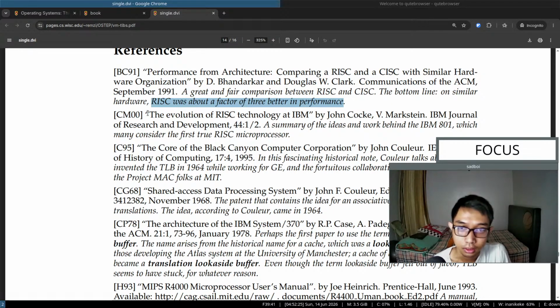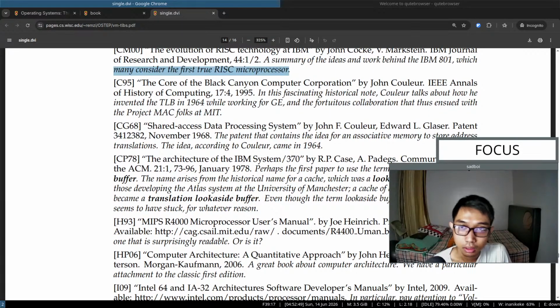Oh, interesting. The evolution of RISC technology at IBM. A summary of the ideas and work behind the IBM 801, which many consider the first true RISC microprocessor. Okay, the core of the Black Canyon Computer Corporation.